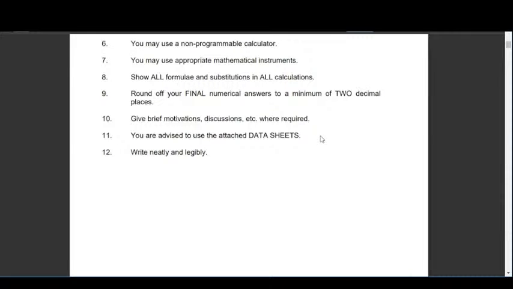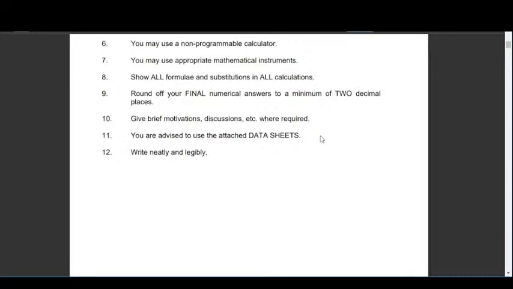Sometimes when they give data sheets, some students leave the data sheet on the question paper, yet the data sheet which we are supposed to fill in, for example, a graph, and then they leave it in the question paper and submit the answer sheet without that graph, which is supposed to be drawn, and then remove the paper from there, then attach it to the answer sheet. So please, if you find something like that, don't leave it in the question paper.